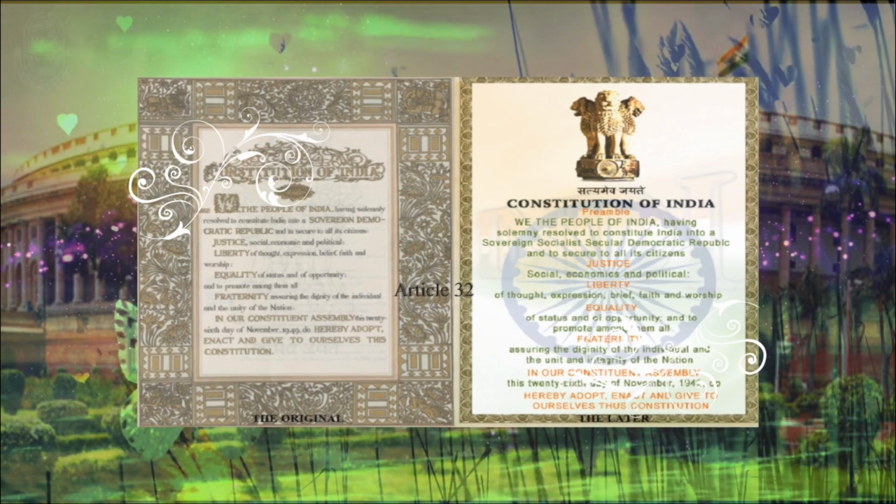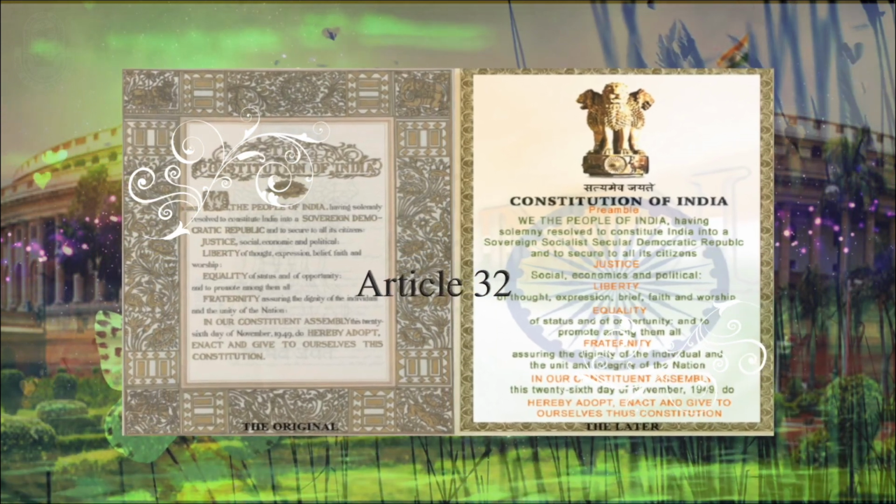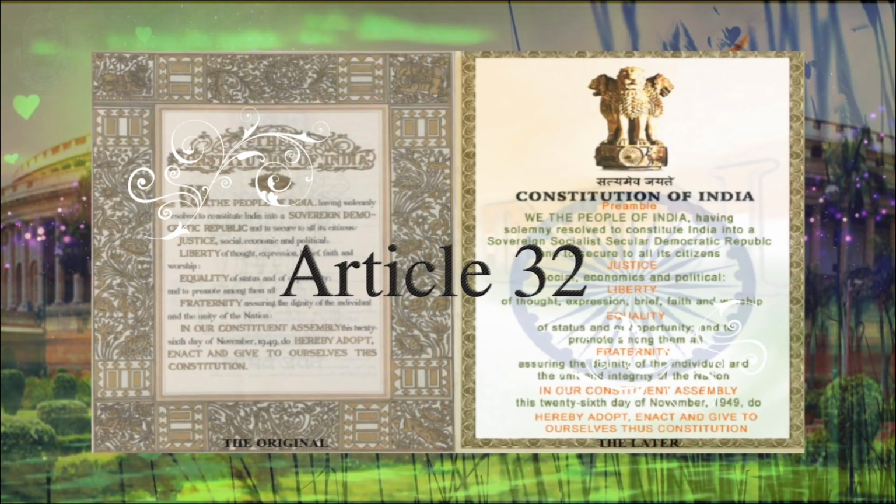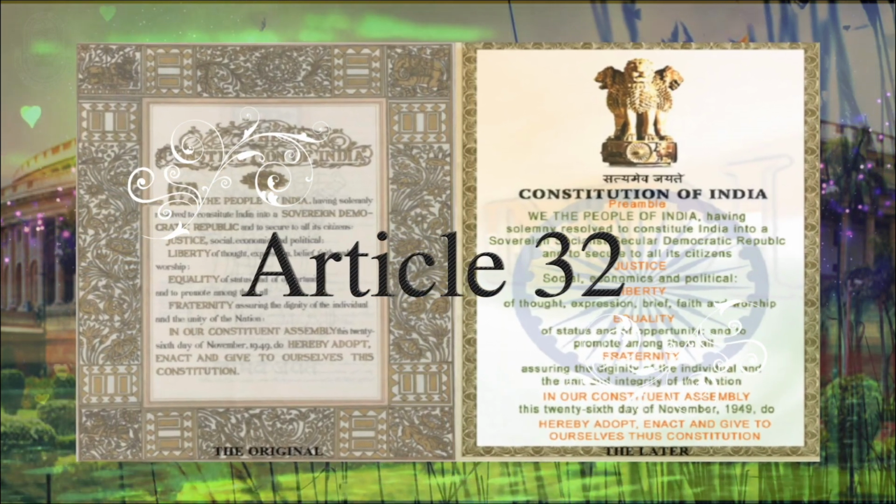Article 32 of the Indian Constitution is the most important article, without which the Constitution would be a nullity. It is the soul of the Constitution and the very heart of it.